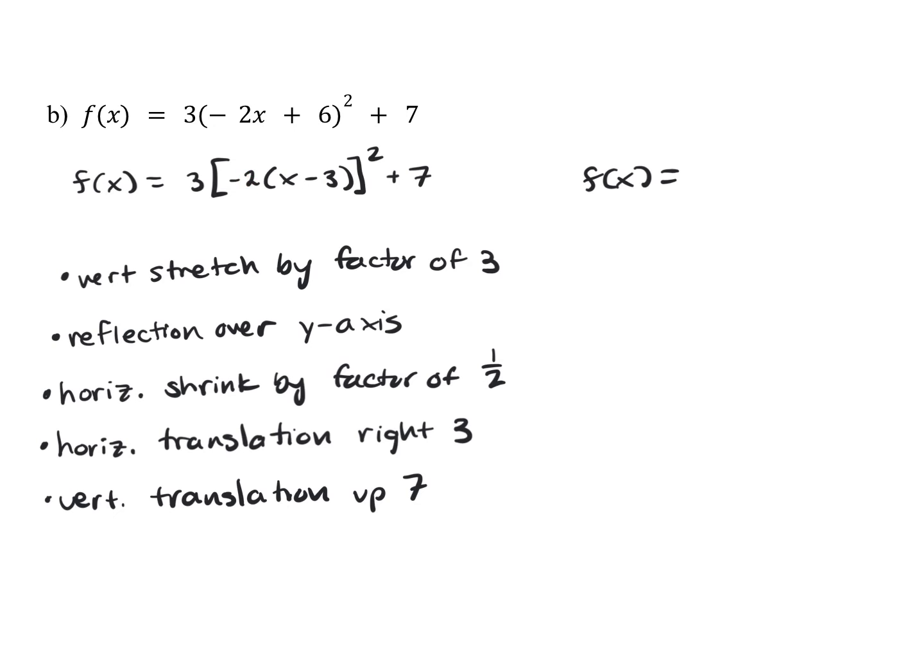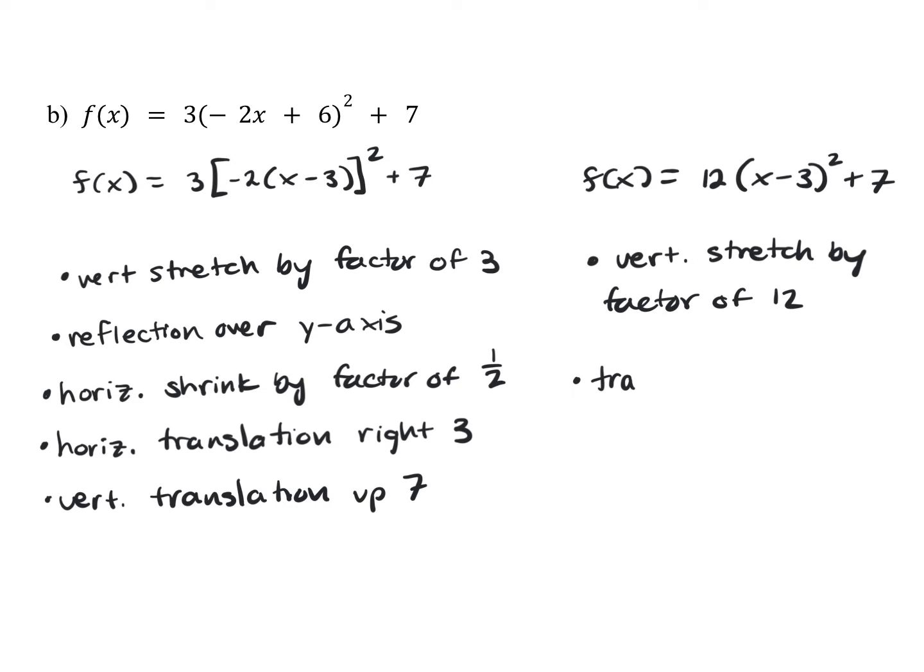So 2 squared is 4, negative 1 squared is positive 1. So just that positive 4 is just going to multiply out front. So we have 12 times x minus 3 squared plus 7. Okay, so we can simplify this a little bit more and then describe the transformations, which is probably a little bit easier for us to do, because then we just have a vertical stretch by a factor of 12, and then we still have those translations to the right 3 and up 7.